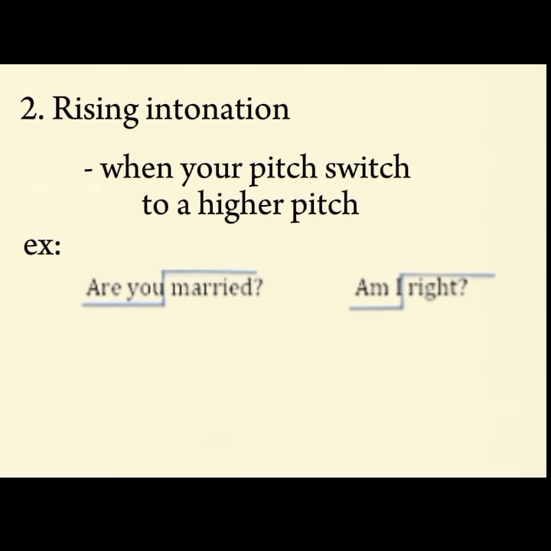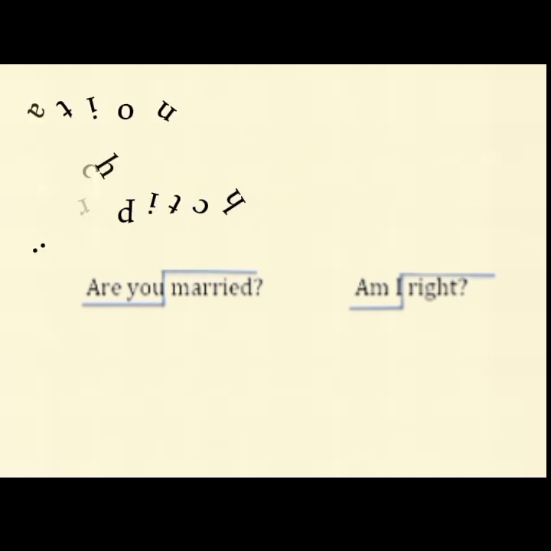Are you married? Hindi na siya bababa, hindi kagaya nung rising falling intonation na maglo-lower po siya. Dito po sa rising intonation, it will remain rising. Am I right? Can you see that? So, yun po yung rising intonation.